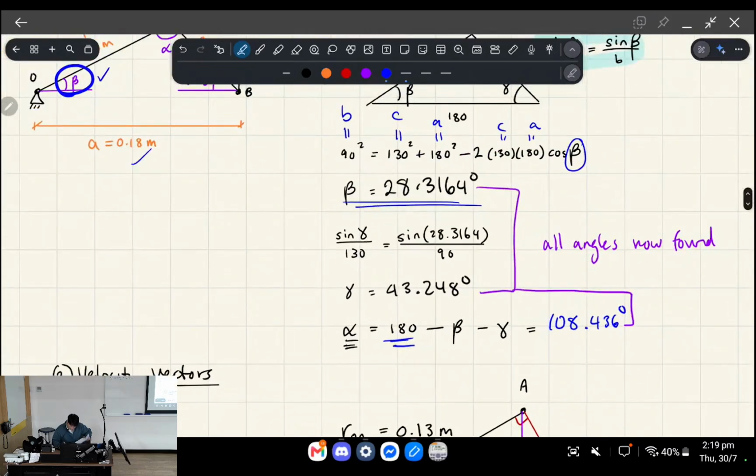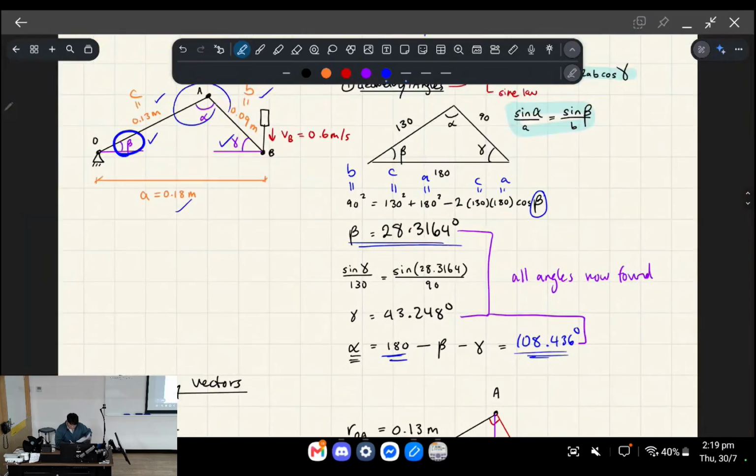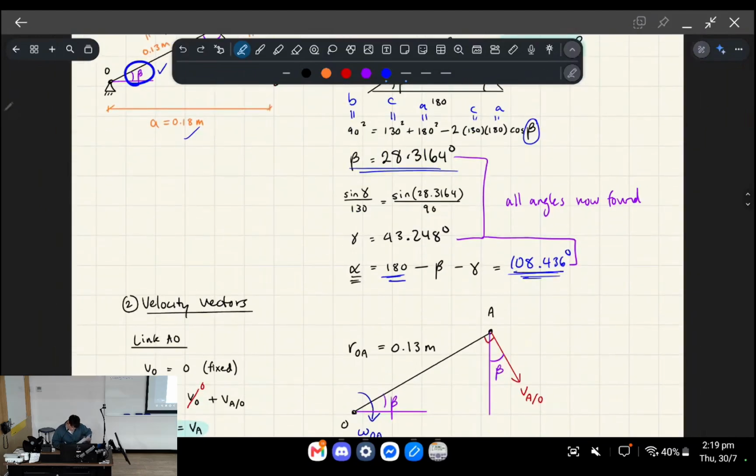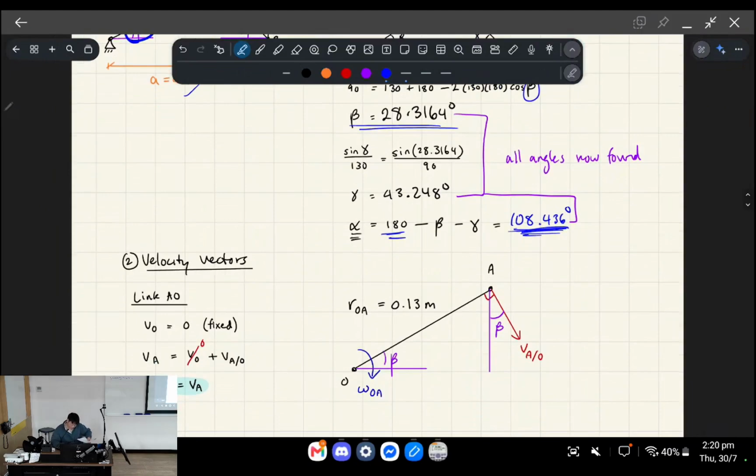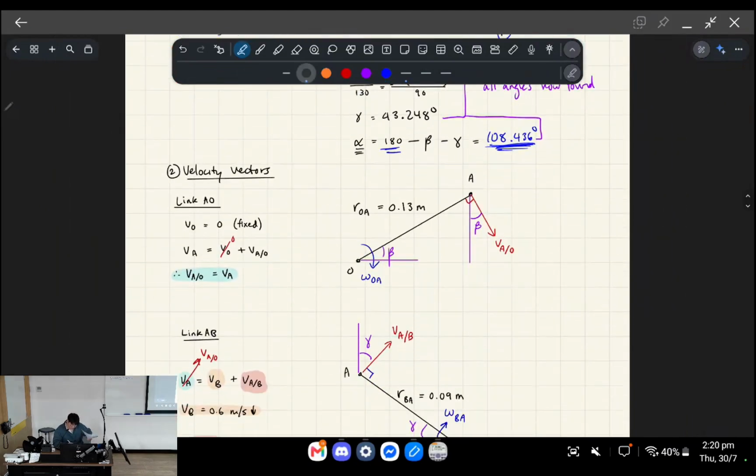I deliberately saved the obtuse angle for last so nothing can go wrong with sine law. So that's how you would handle that. Now we've got all 3 internal angles. The next thing we're going to do is set up a velocity vector.